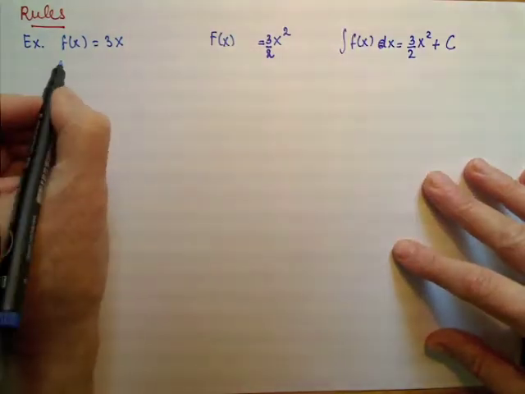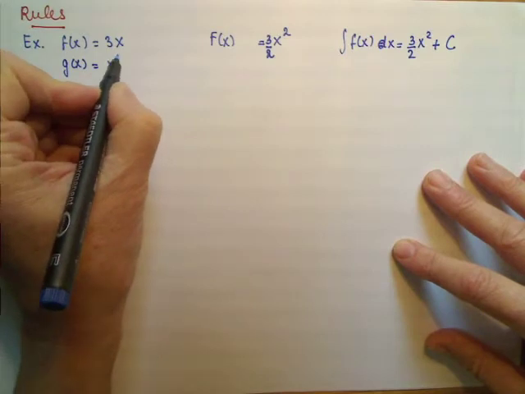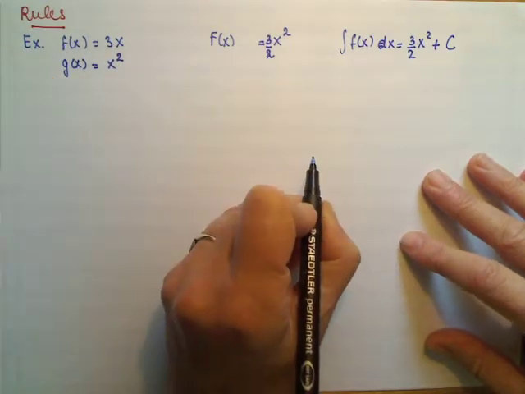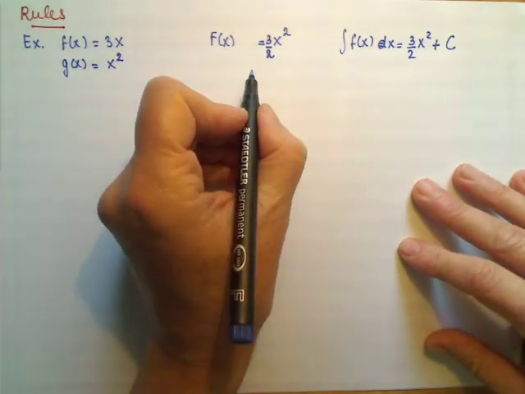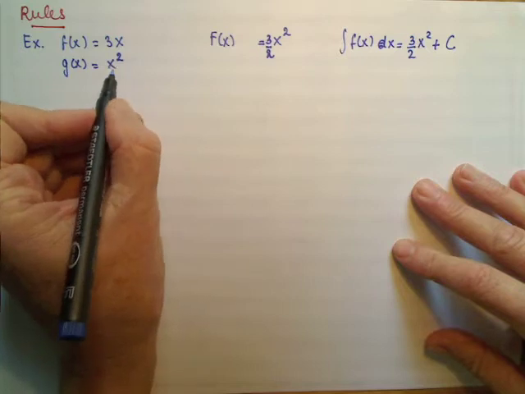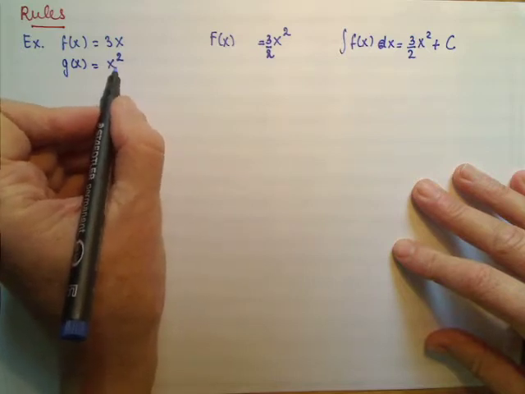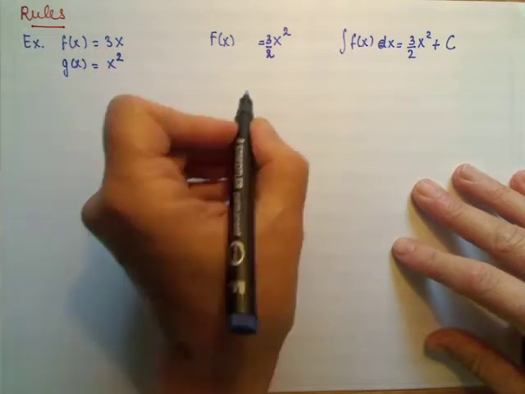The second function that I would like to consider is g of x equal to x squared. Now again, the same reasoning applies. So if we integrate this function, then we should get something with power 3, because the power goes up by 1.